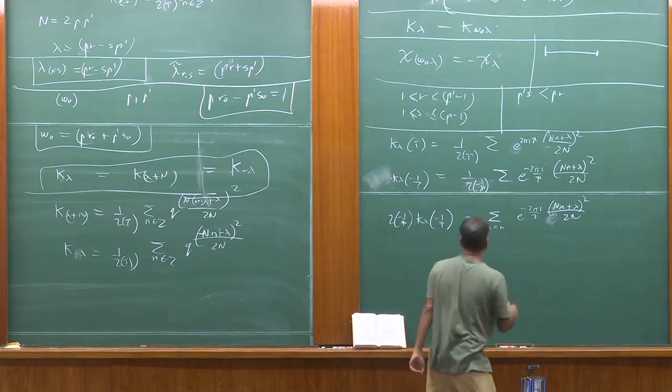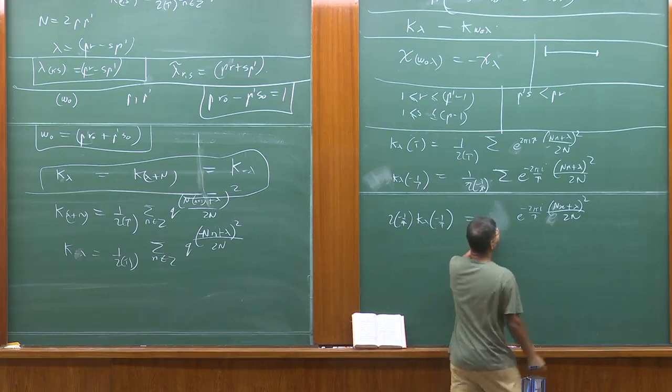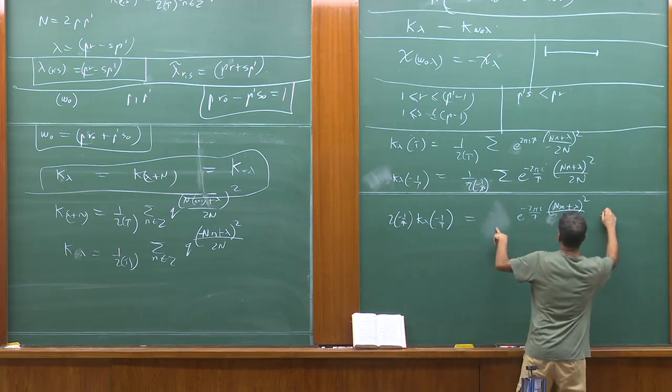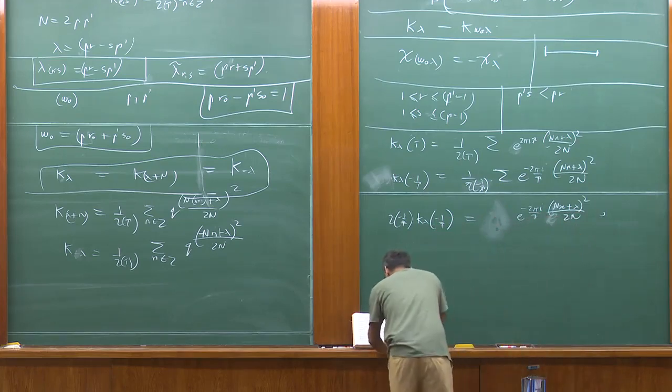What these guys have done, so maybe we write it like them: the sum over n is the same as multiplying by e to the power i.